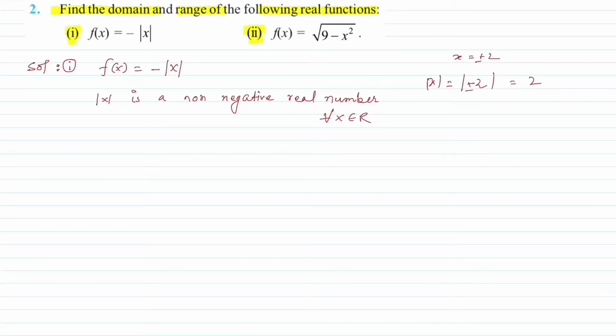Negative of any positive number is always negative, isn't it? That's why here you see minus or negative of mod of x is always negative.